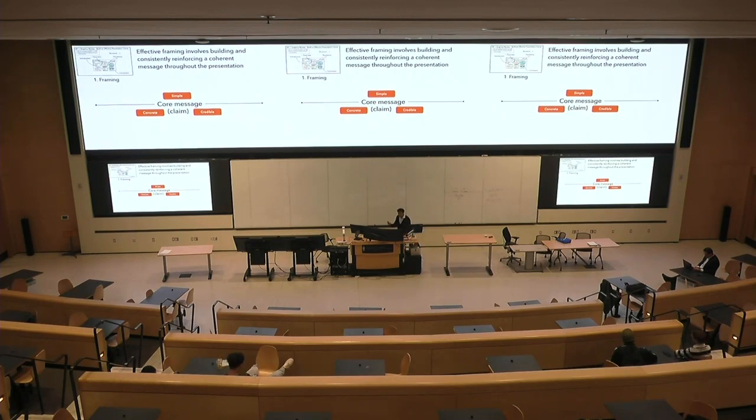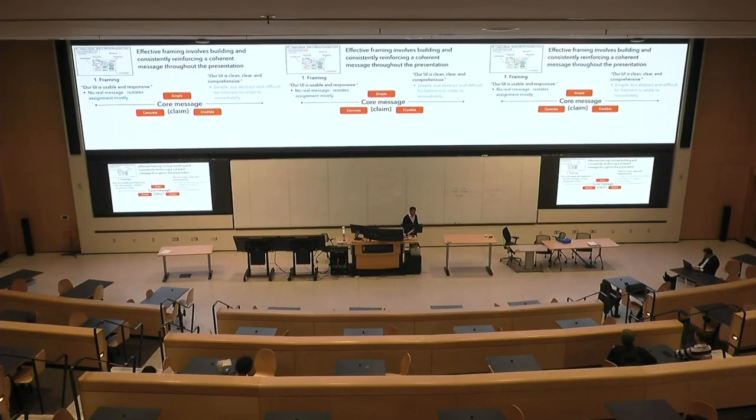Now, we saw a bunch of types of this type of core message, right? We saw things like, our UI is usable and responsive, okay? And again, we talked about how this wasn't really much of a core message at all, because all it did was really restate the assignment statement, right? It doesn't give you anything to go with and focus your attention in any sort of way, okay? Something like this, our UI is clean, clear, and comprehensive.